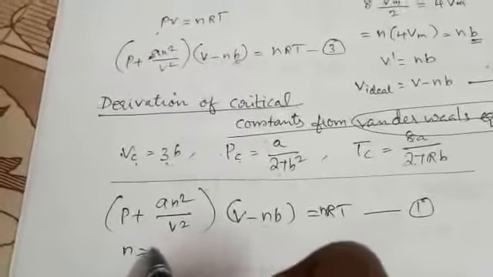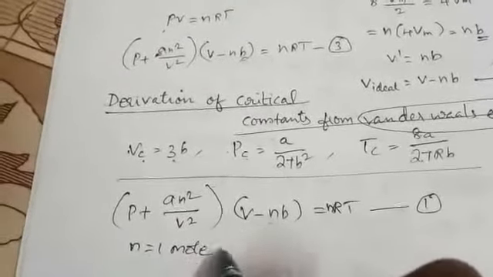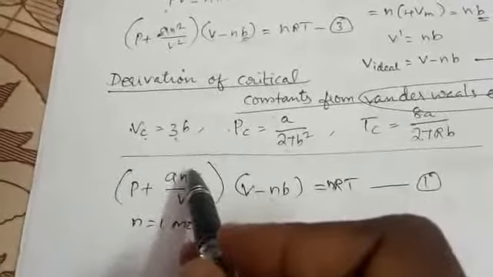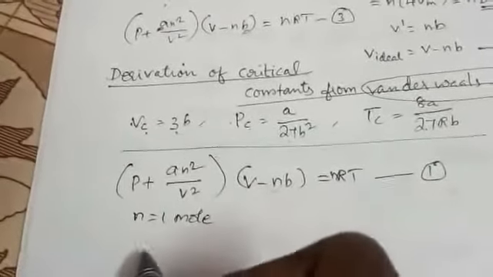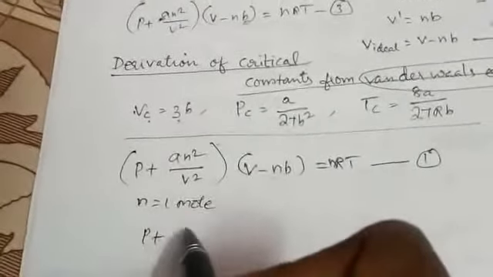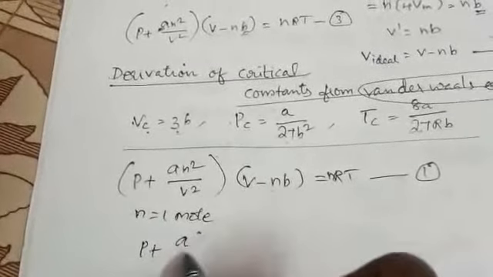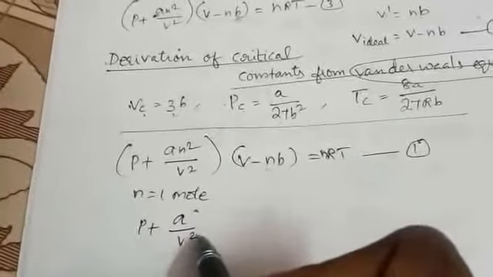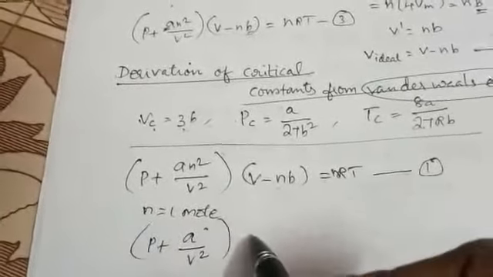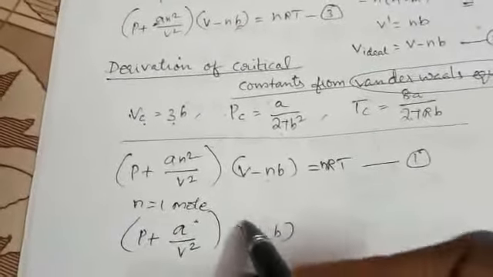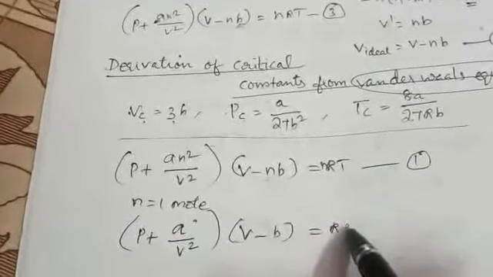From this first equation, take n equal to 1 mole. Substituting n equal to 1, the formula becomes P plus a divided by V squared, into V minus b, equal to RT.